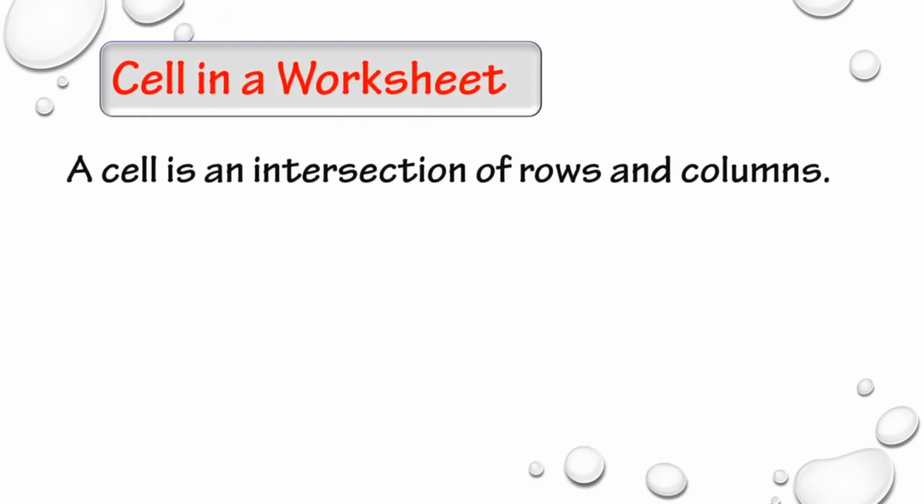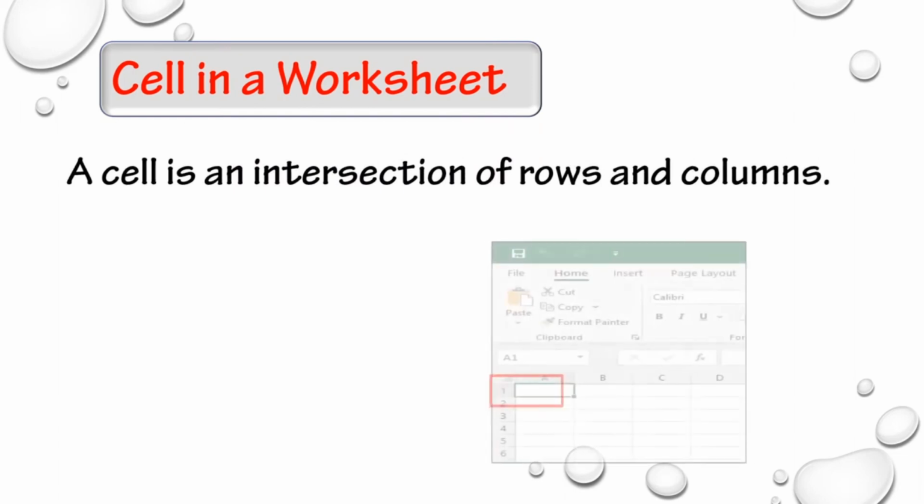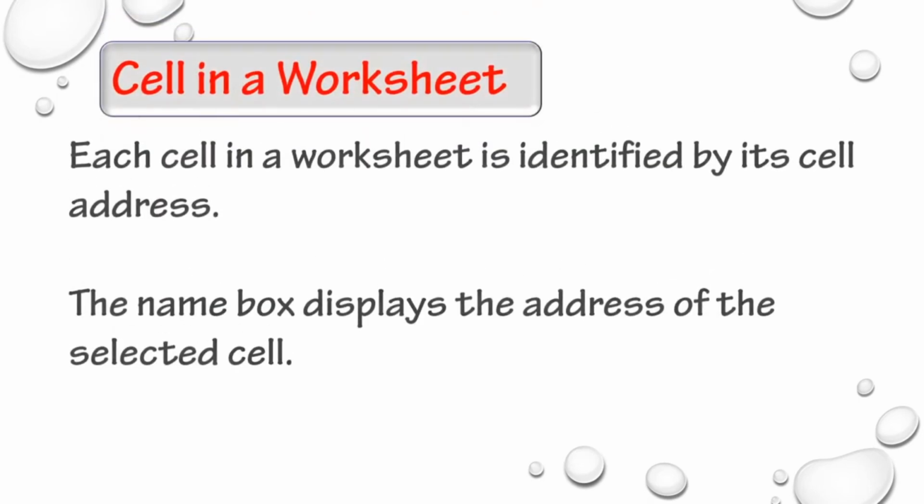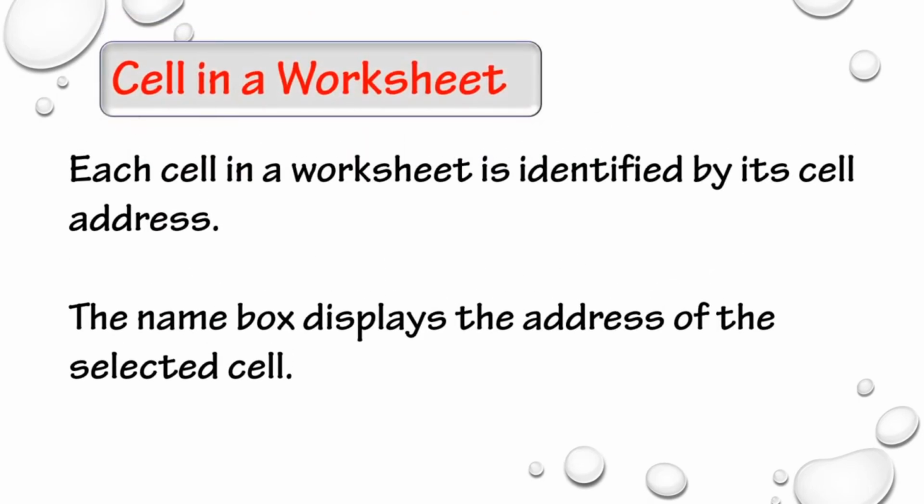Cell in a worksheet. A cell is an intersection of rows and columns. Each cell in a worksheet is identified by its cell address.